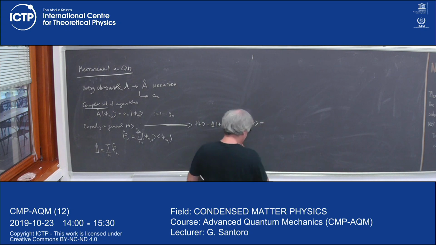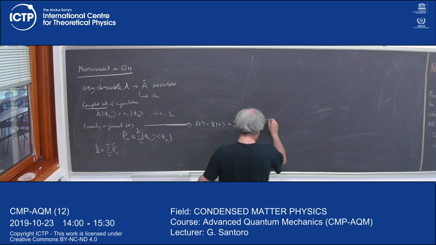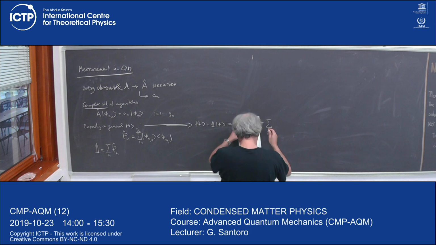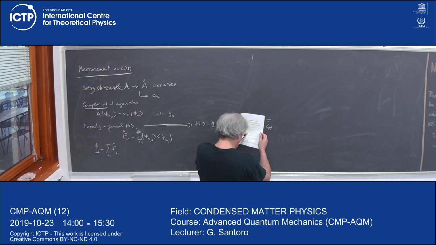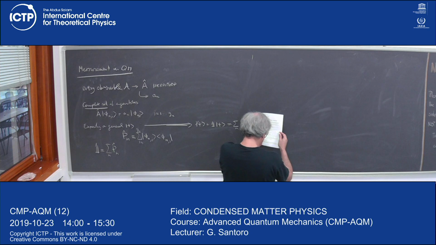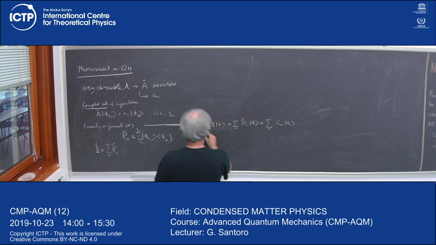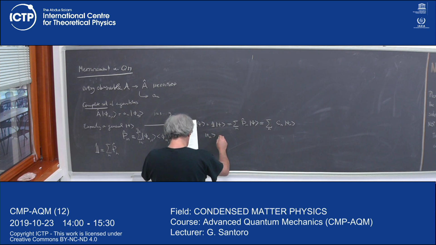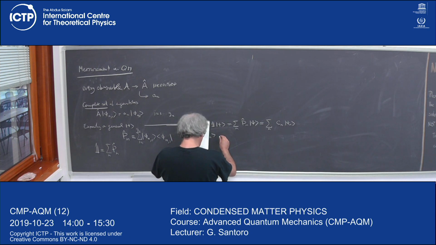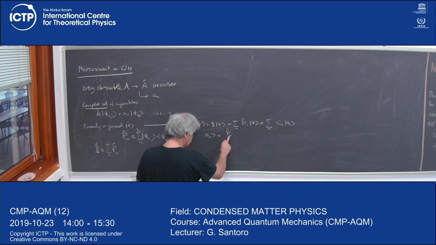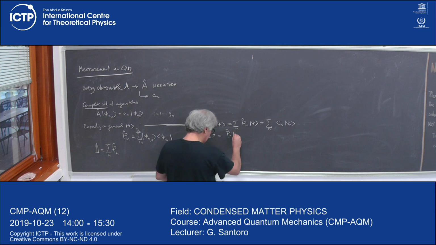And I can actually rewrite this as the sum over n of Cn times psi n, where psi n is essentially the component in the eigenspace of eigenvalue an, but normalized.